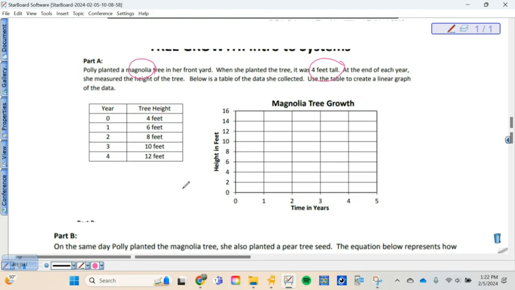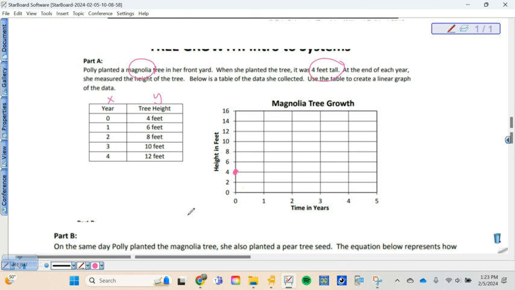We've got a table. We want to use this table to graph a line. What variable is my years? What axis is it on? X. And what about the tree height? Y.